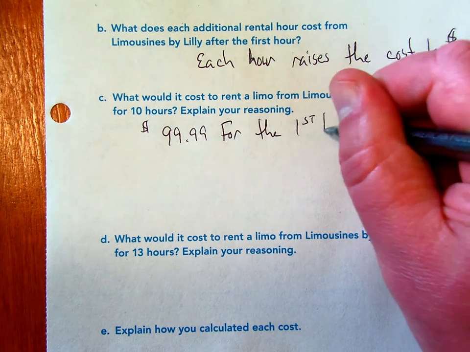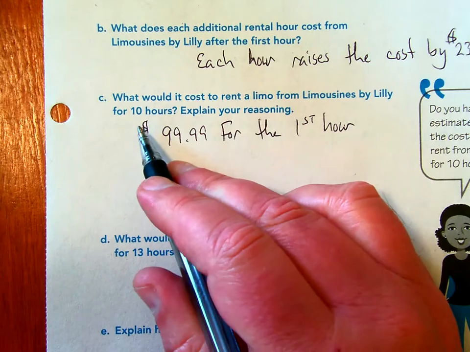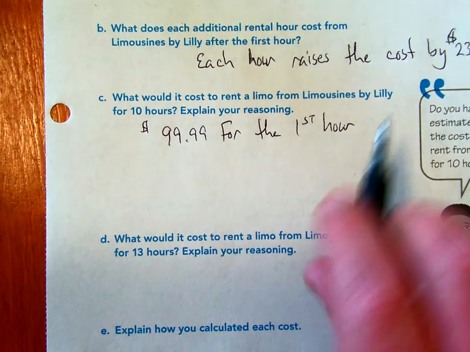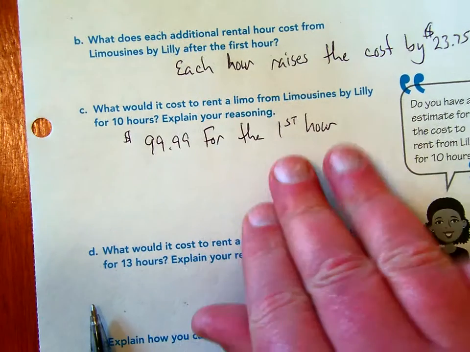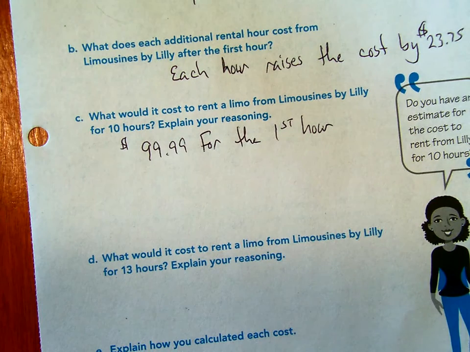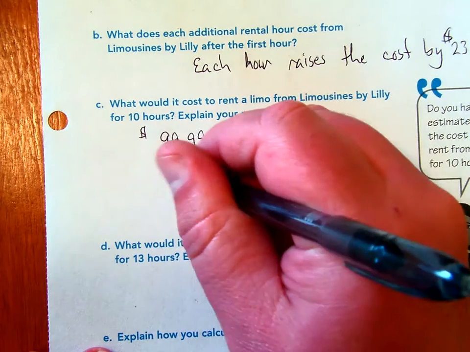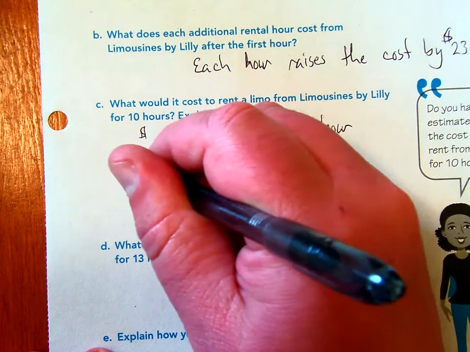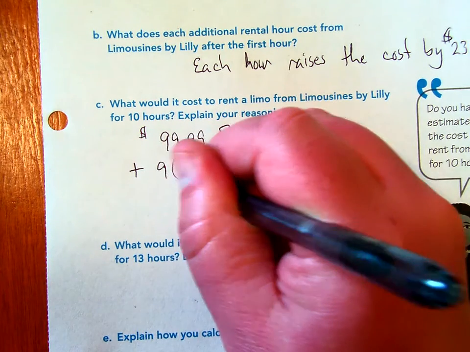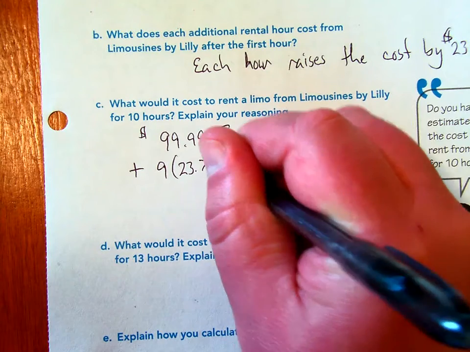To go up to 10 hours, there's 9 more hours, because if this is the first hour, hours 2, 3, 4, 5, 6, 7, 8, 9, 10. There's another 9 hours there. And so we're going to have to add plus 9 times the cost per hour, 23.75.